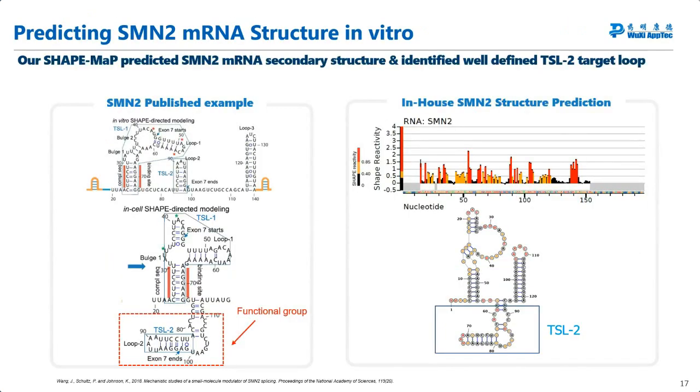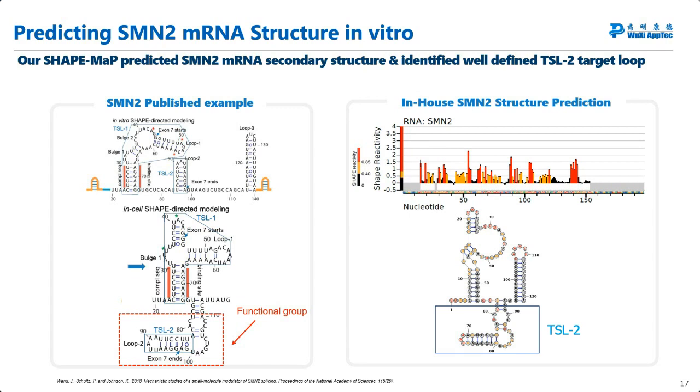So, we synthesized an SMN2 mRNA fragment spanning exon 7 and adjacent introns. Following conditions published in literature, this RNA was folded in a slowly cooling down process. To verify the folding, we performed SHAPE-MaP to evaluate SMN2 secondary structure.